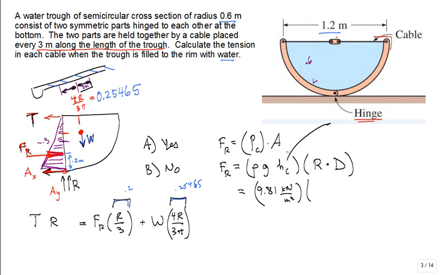I have answer A, answer B, or answer C. Answer A says h of c is equal to 0.3 meters, 0.4 meters, or 0.6 meters. So that's my 3 options for the magnitude of h of c. Is h of c 0.3 meters, 0.4 meters, 0.6 meters, or if you want a D option, D is none of the above.